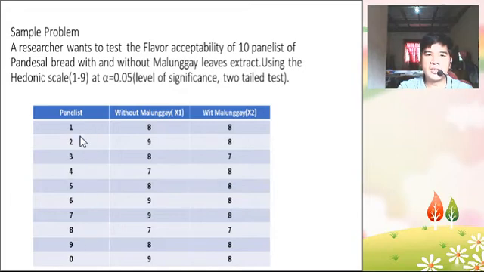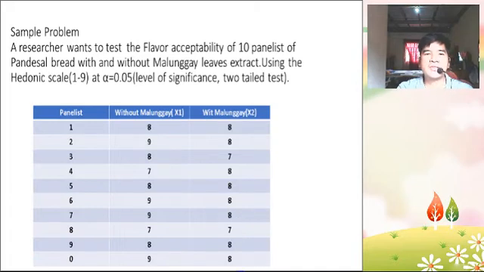There are 10 panelists here, and these are the scores given without malunggay and with malunggay. Remember, for paired t-test, there should be the same participants who gave a grade to pandesal bread without and with malunggay. So the x sub 1 is without malunggay and the x sub 2 is with malunggay leaves.